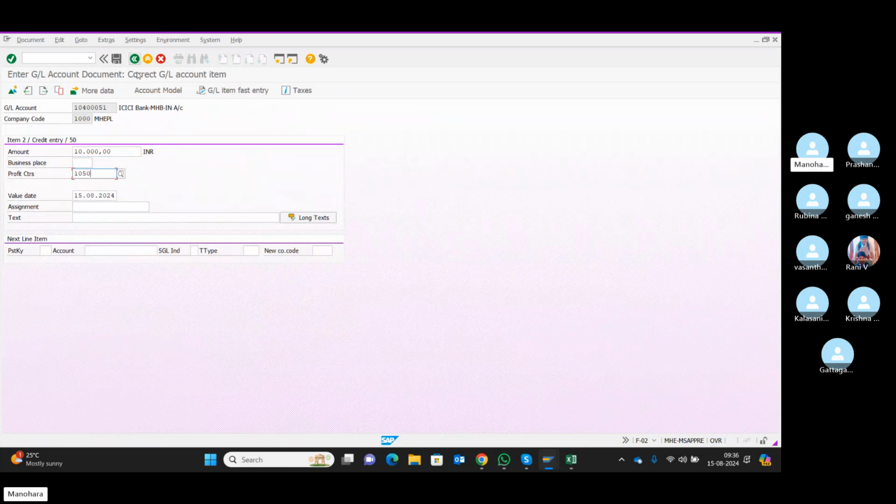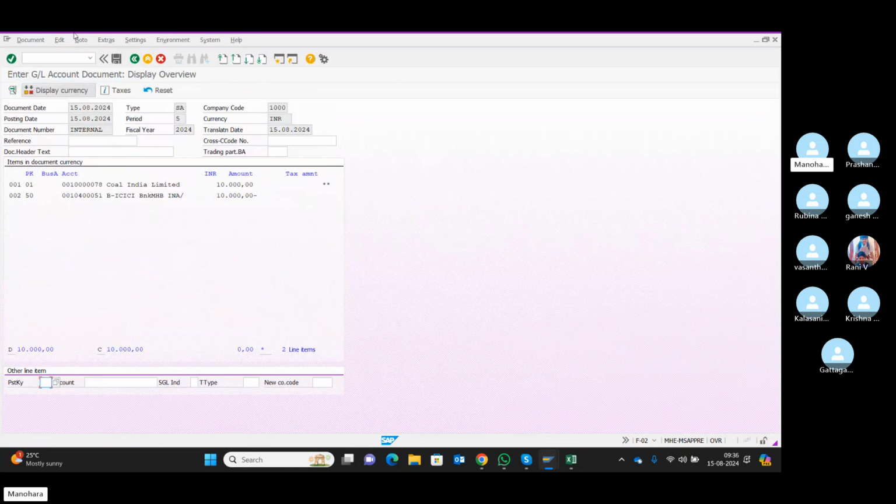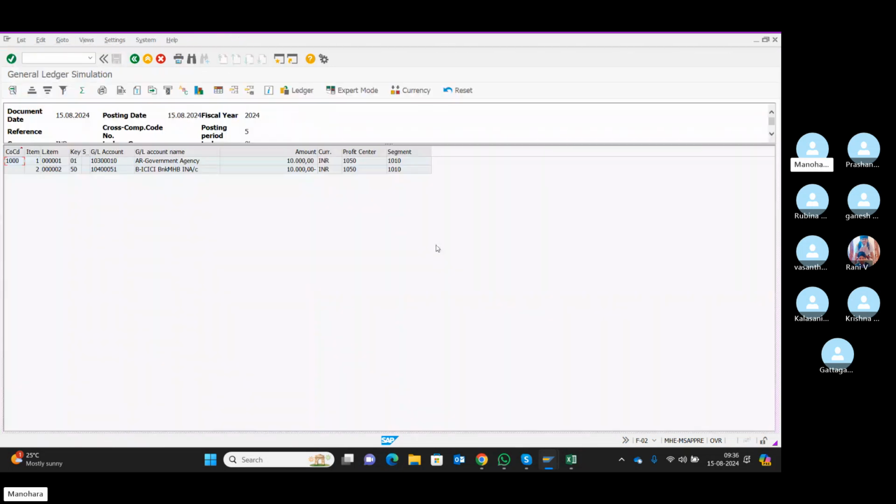So whenever it's the entry view, this is the entry view. This is the general ledger view. See here the profit center. It comes, but how does it come?